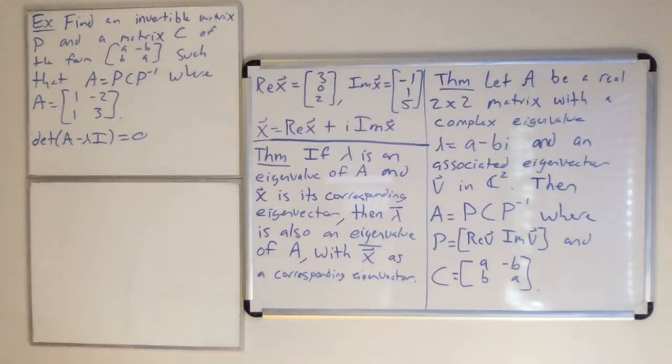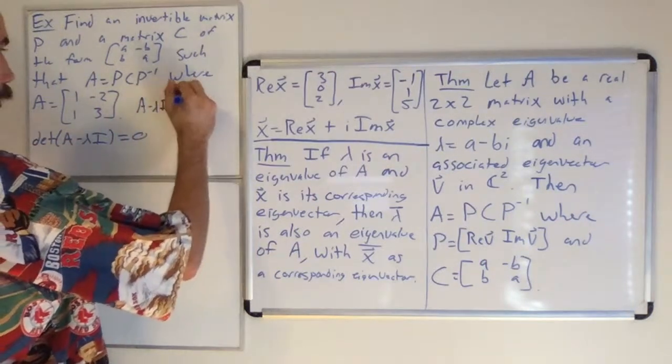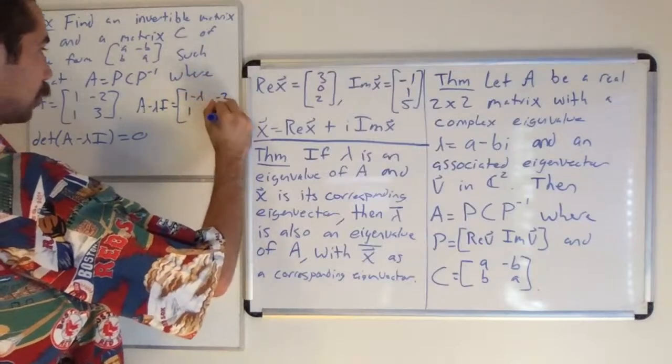Okay, so I'm going to start working this out, but you could obviously mute me at any point and try to work it out on your own and then unmute me. So A minus lambda I is the matrix 1 minus lambda, negative 2, 1, 3 minus lambda.